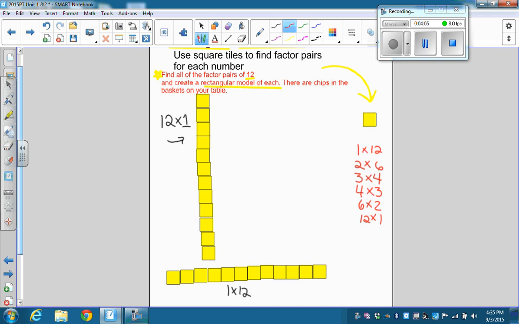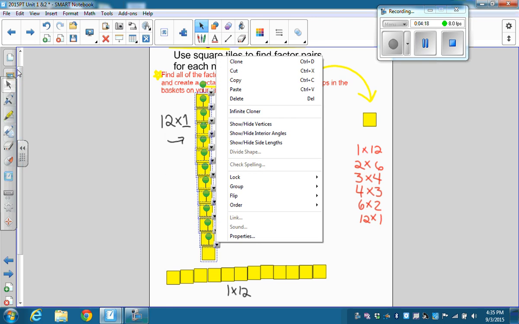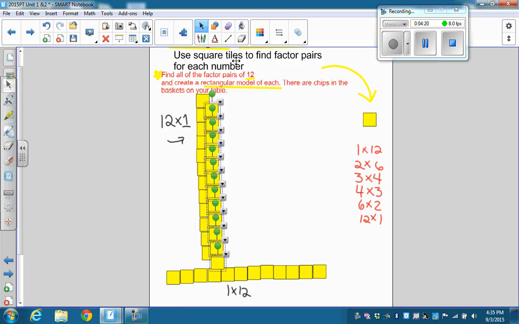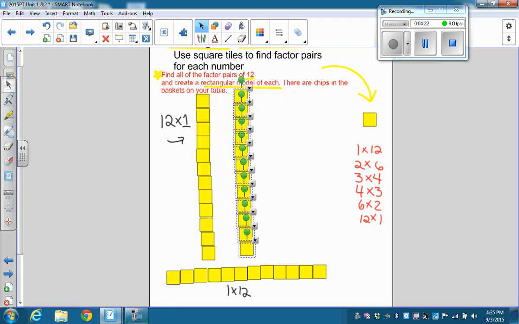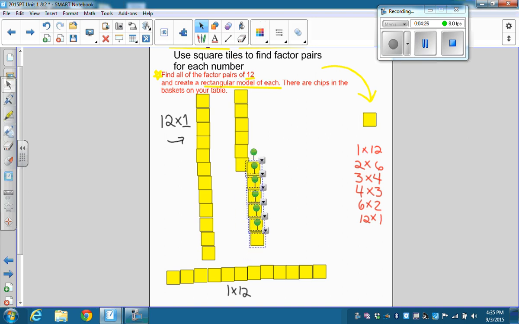Sometimes we don't want to write them all out if I just ask for the factors, but for the model, we're going to have both ways. So if I were going to make all of those, then they would just look like this. I'm going to move that over, and I'm going to make 6 of these little squares move up there. Soon you guys will be experts and you'll be able to do that.